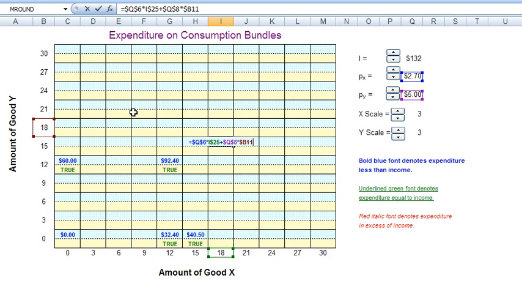No, I want it to be 13. That one, 13, and there we go.